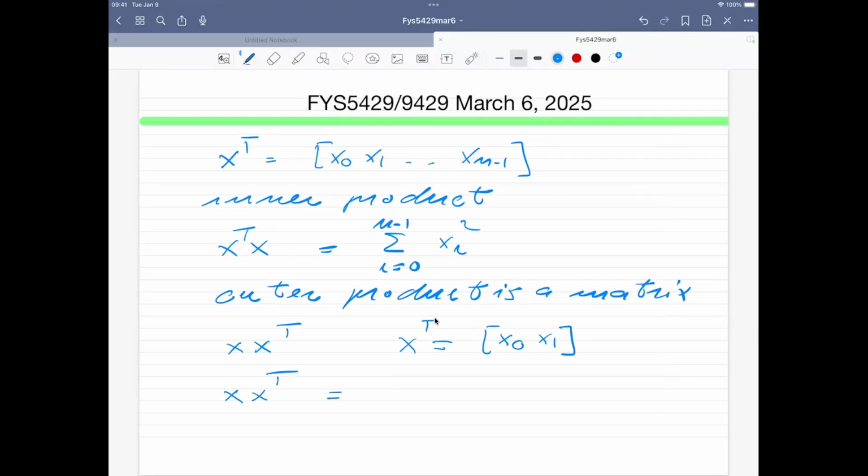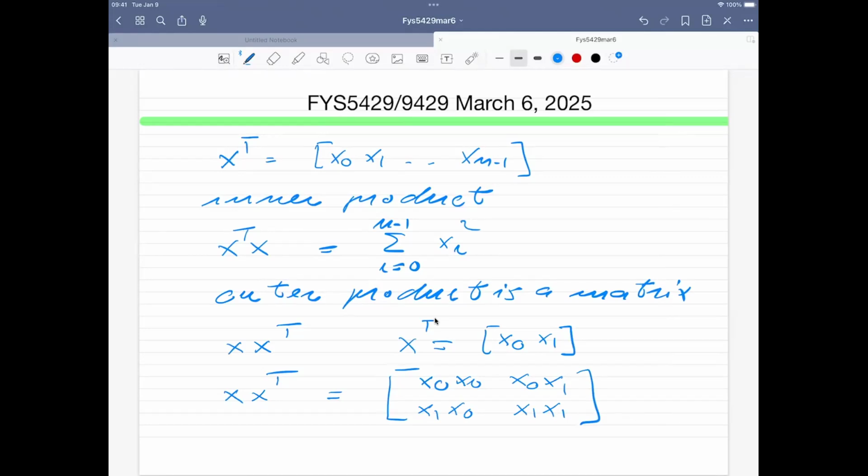So this will have x0 times x0, then x0 times x1, then x1 times x0 and x1 times x1. These are typical operations which we do on vectors and matrices, and outer products and inner products are probably things which you have seen many, many times.